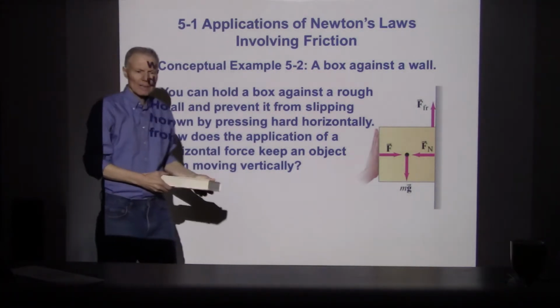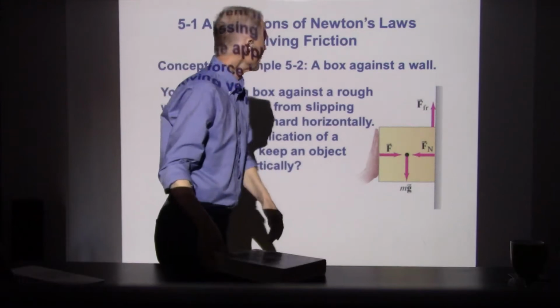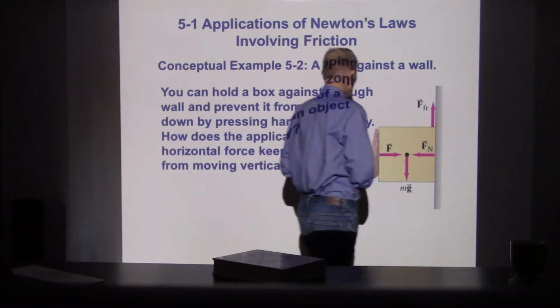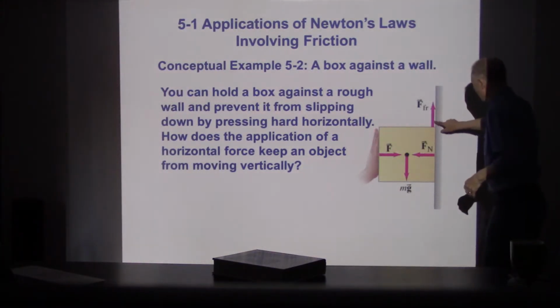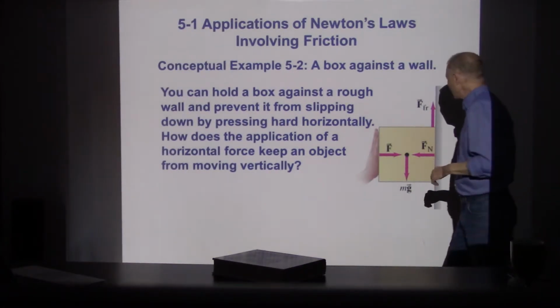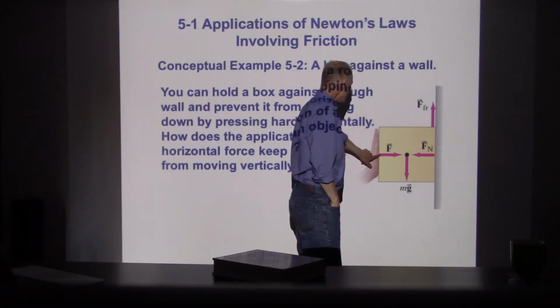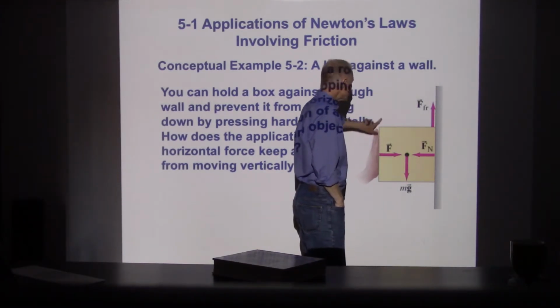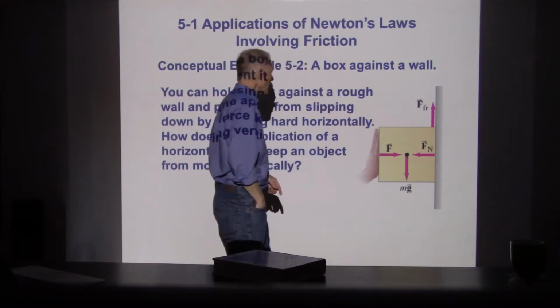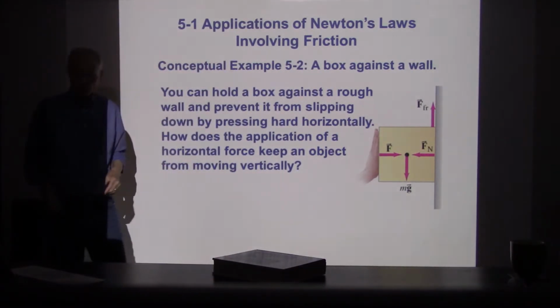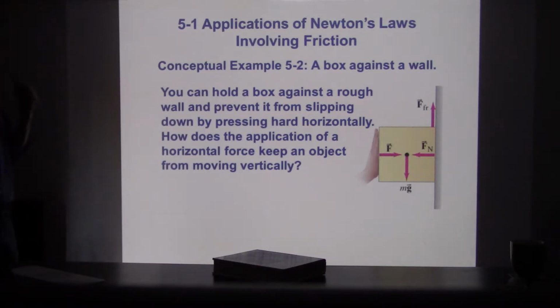What is holding that textbook up? There are frictional forces. So there's going to be a frictional force along the wall. Now there's also going to be a frictional force along my hand, and so probably on this side too, there's going to be some sort of frictional force acting on that side.